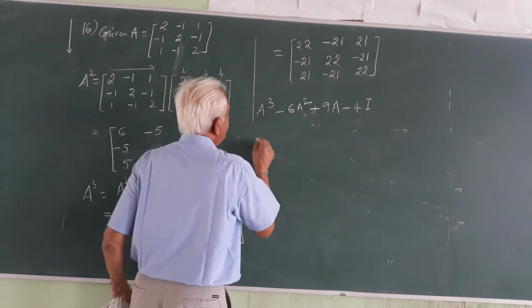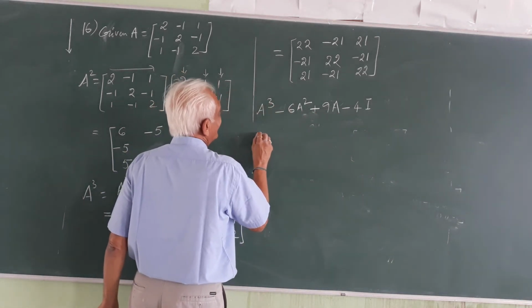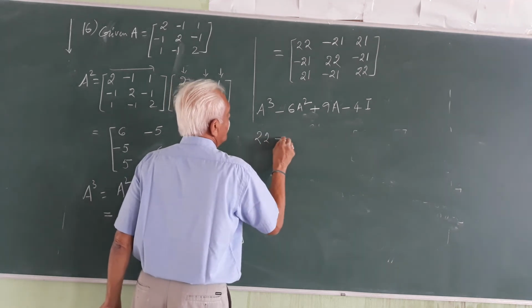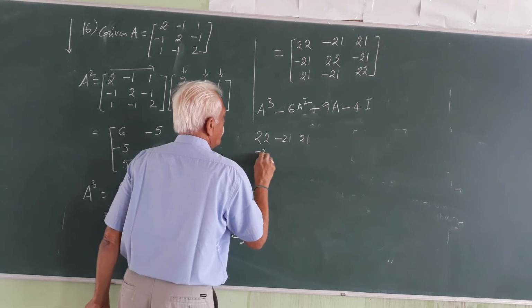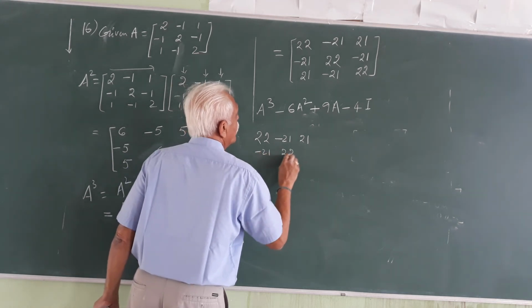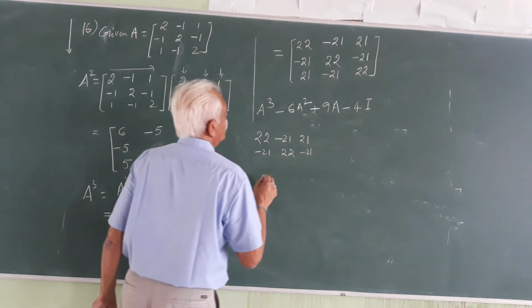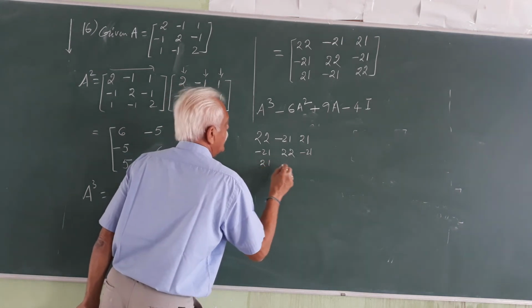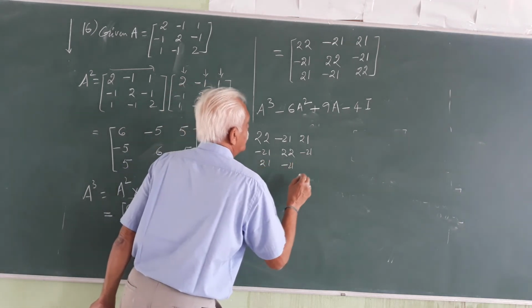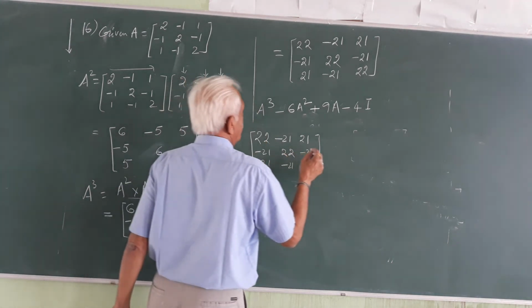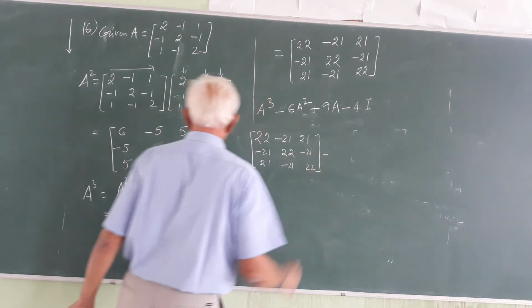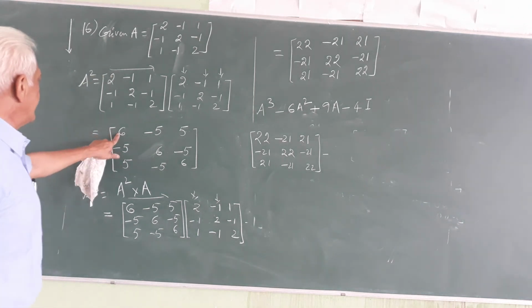Why you did not see? [22 -21 21; -21 22 -21; 21 -21 22]. Directly I am writing. Minus 6A square means 6 into this.